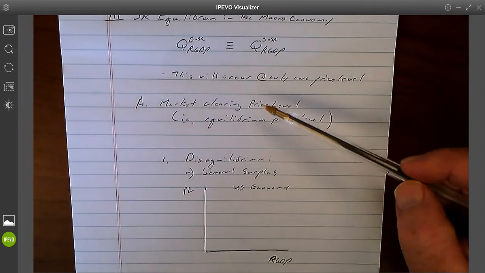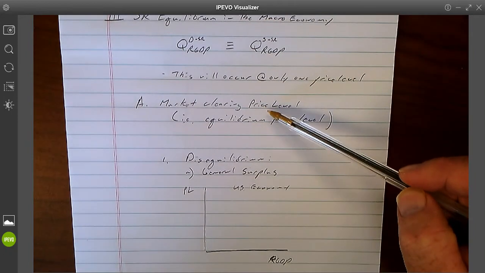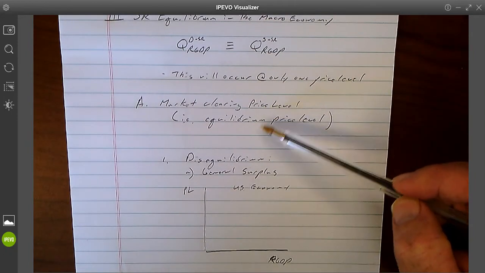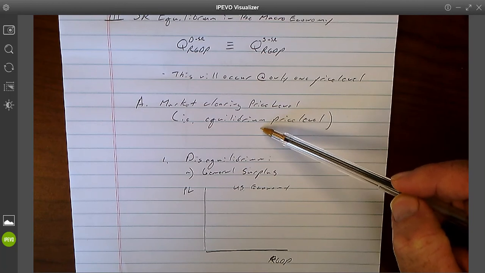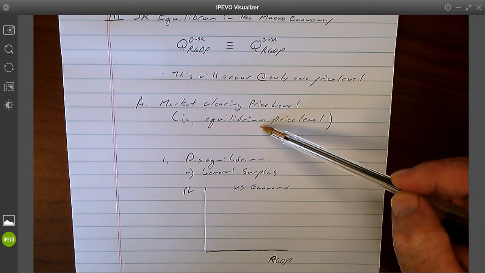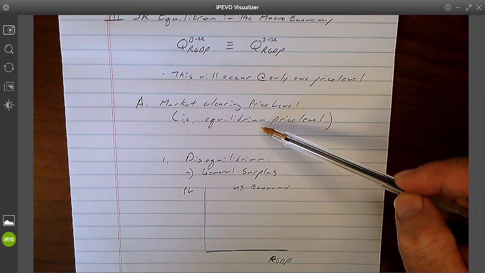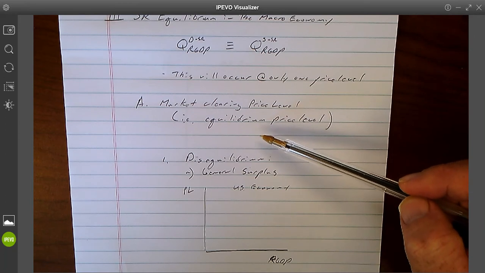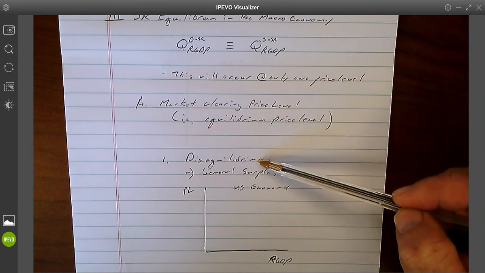So instead of jumping right to the market clearing price level, the equilibrium price level, I think you'll understand this concept better if we go through the situations in which there is not an equilibrium, or disequilibrium.